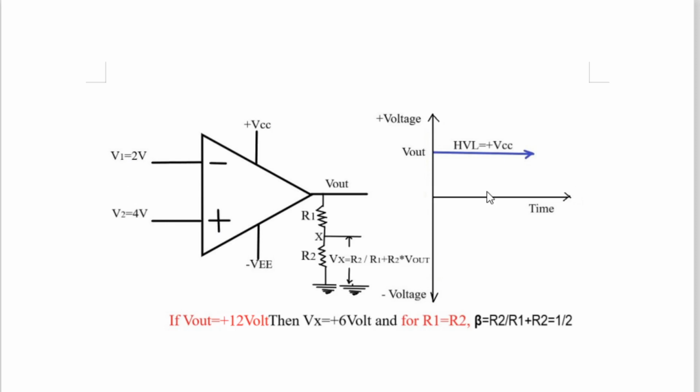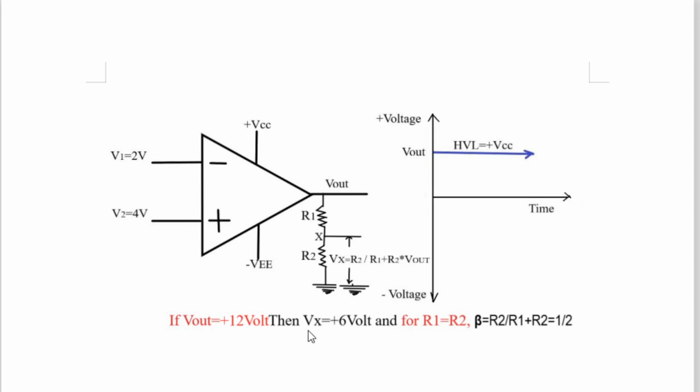Therefore, look at the graph, the output will be Vout equal to the high voltage level, plus VCC. Suppose now our plus VCC is 12 volt. If the plus VCC is 12 volt, then the output voltage of the op amp will be 12 volt as long as this is greater than that.